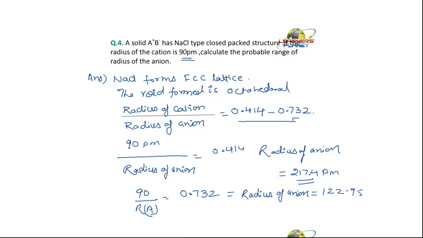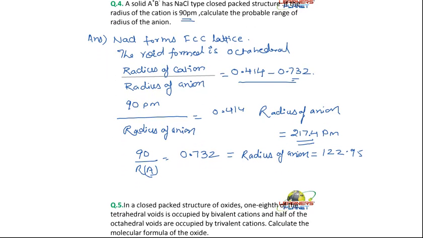So your anion can have the radius between 122.95 to 217.4 picometers.